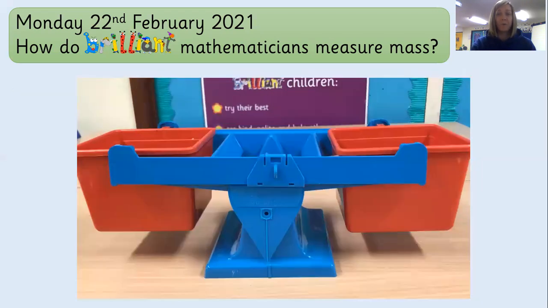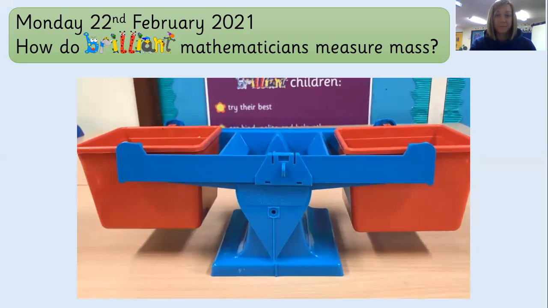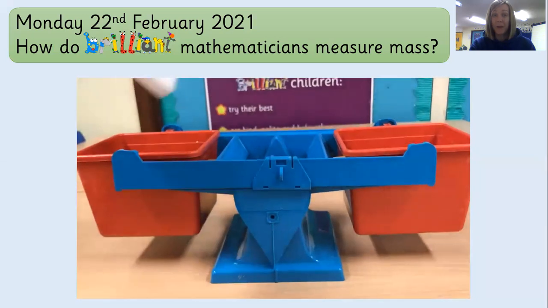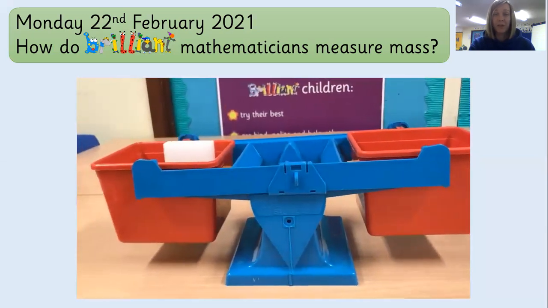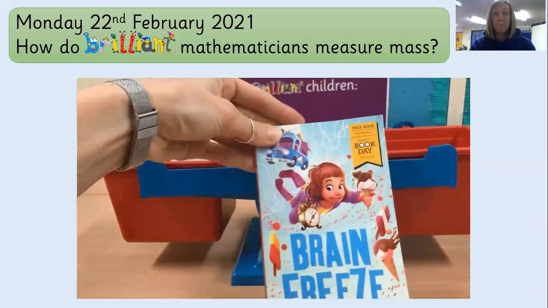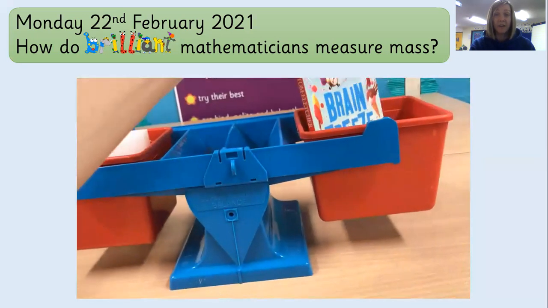Let's have a look at another one. Okay, my balance scales, they're equal again, they're level because there's nothing in the pots. Let's have a look what I put in this time. A whiteboard rubber. So I put the whiteboard rubber on one side, and I've put a book in the other.